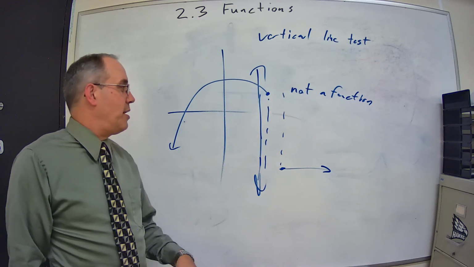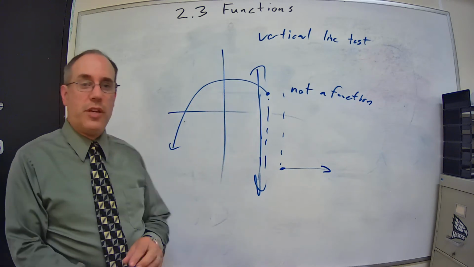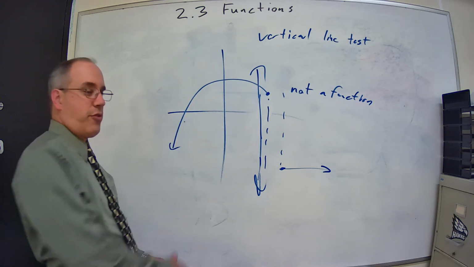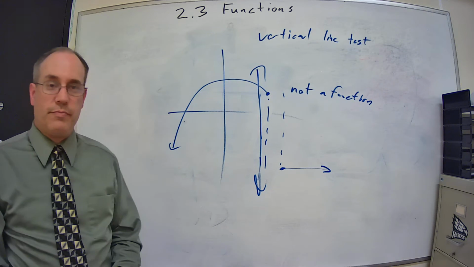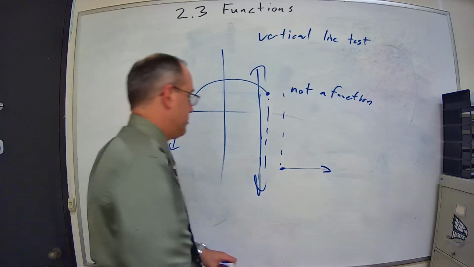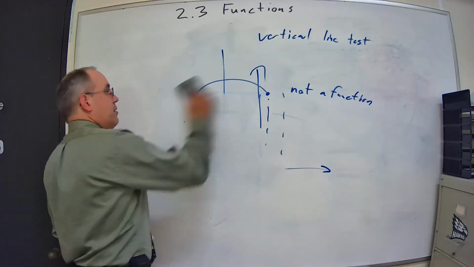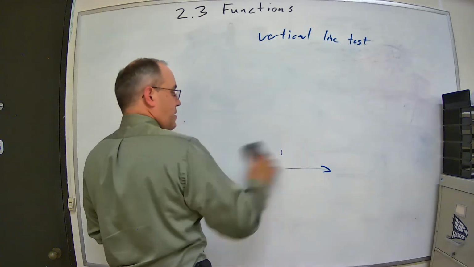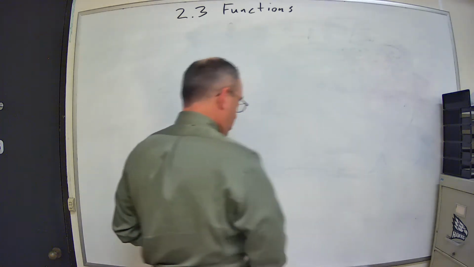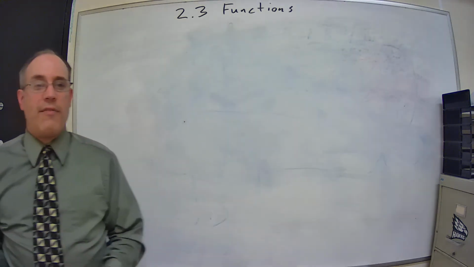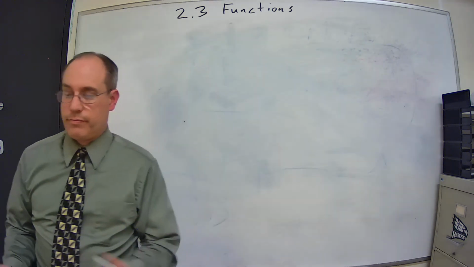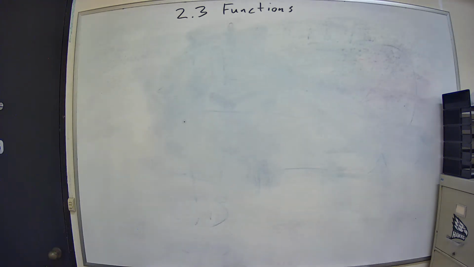Part of the domain. But this is a function because there is no place that I can draw a vertical line and have it touch it more than once. So that's the vertical line test. It helps us to determine, if we have the graph of it, whether we have a function or not. Okay?